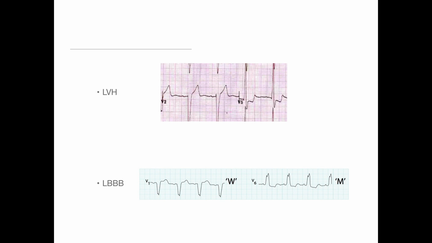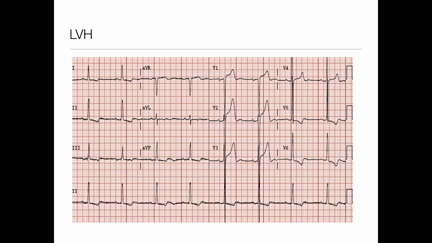Here's a couple of examples of left ventricular hypertrophy and left bundle branch block. And you can see that they have appropriate discordance that's causing the ST elevation. Here's a single example of left ventricular hypertrophy. You can see that the voltage is very, very high here in V1 and V2 as well as V5 and V6. In fact, the QRS complexes are running on top of each other.